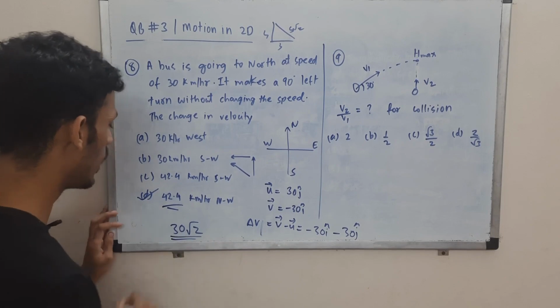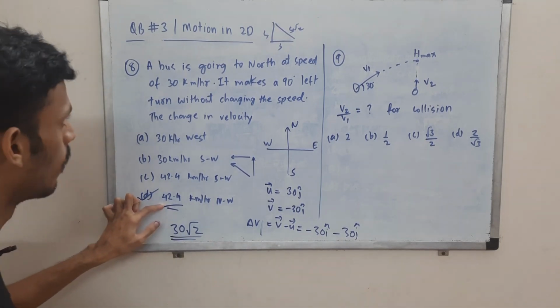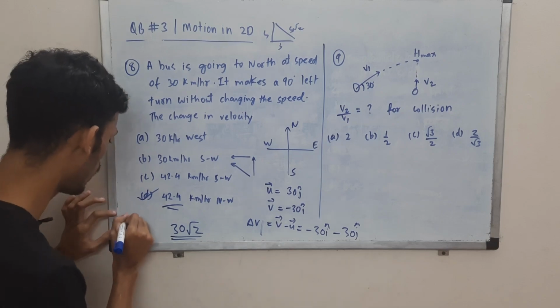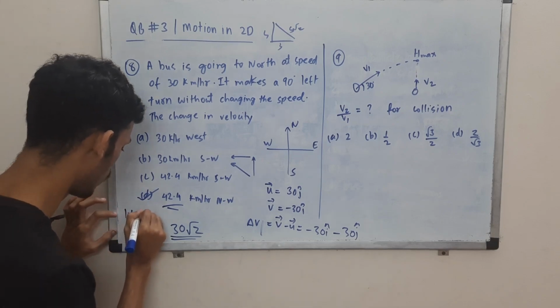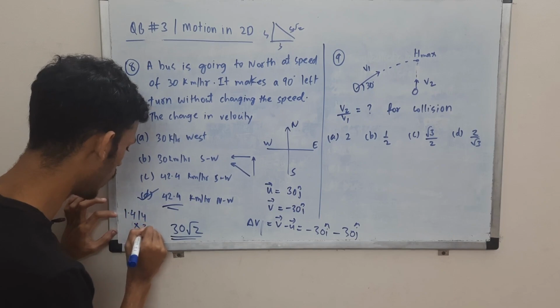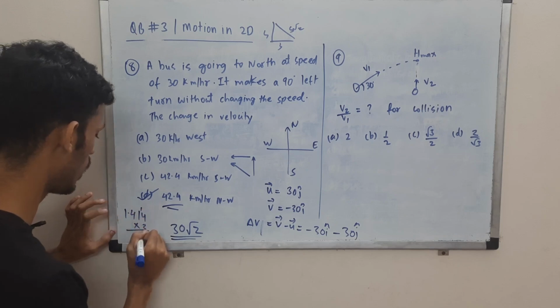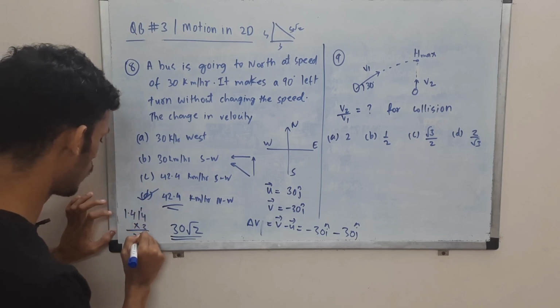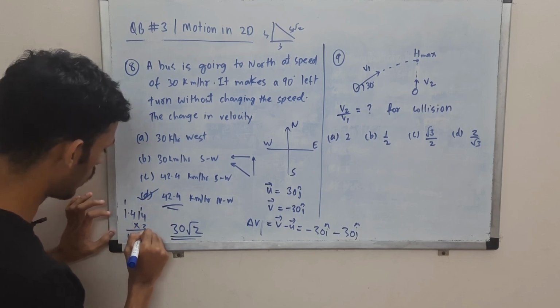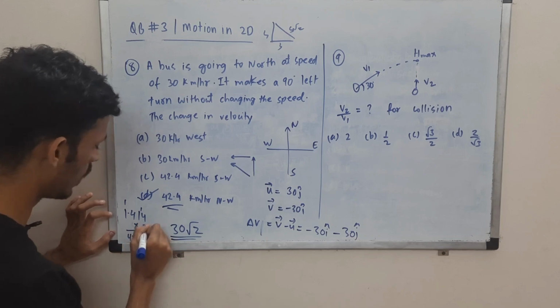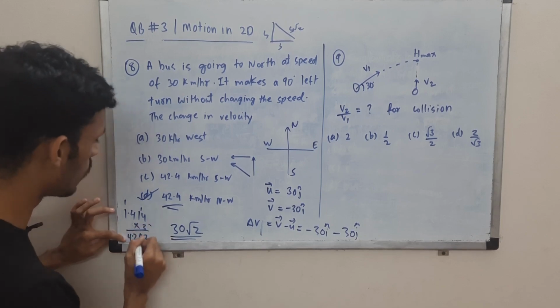Root 2 is about 1.414, right? Into 3, 3 4s are 12, 3 1s are 3, and 4, 3 4s are 12, again 4 2 4 2. We'll shift the decimal, and there is 30, so 42.42.